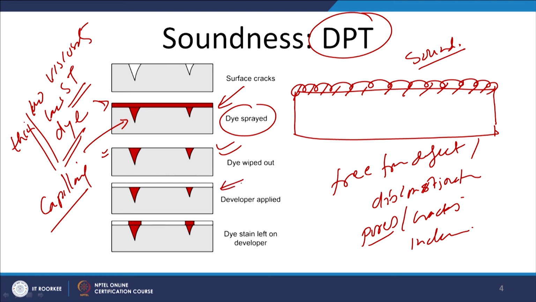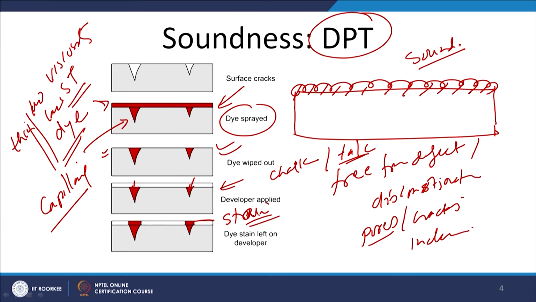Thereafter, we apply a developer. The developer may be in the form of chalk powder or talc powder, which is sprayed over the surface. This developer will absorb the liquid, and since the liquid has the dye, it will leave behind a stain in the developer.